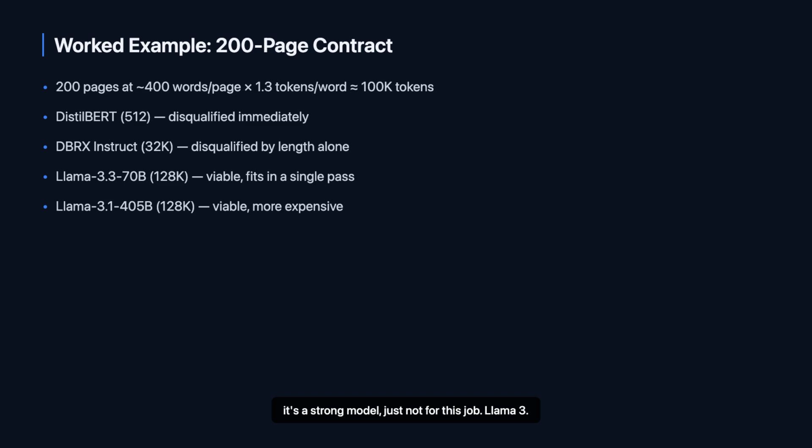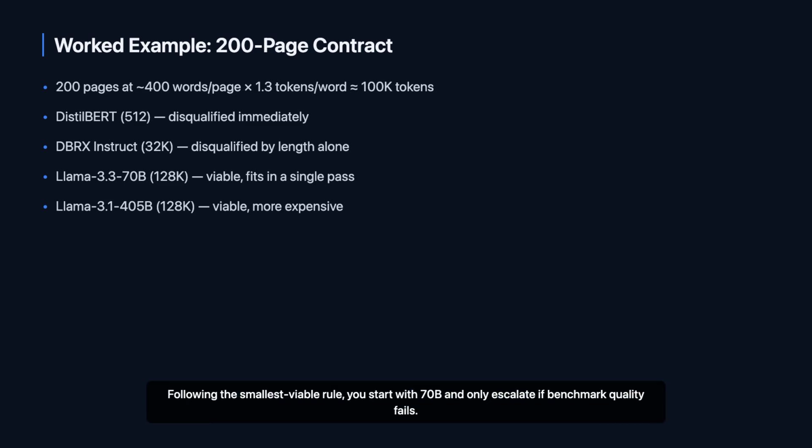It's a strong model, just not for this job. Llama 3.3 70B at 128K is viable and fits the whole document in a single pass. Llama 3.1 405B at 128K is also viable, but more expensive for the same outcome. Following the smallest viable rule, you start with 70B and only escalate if benchmark quality fails.